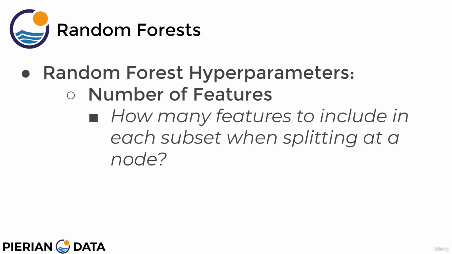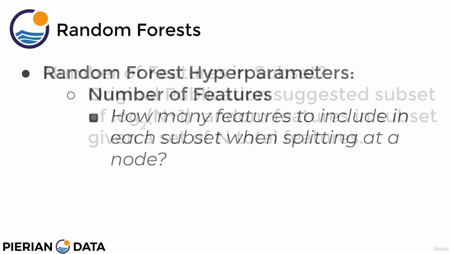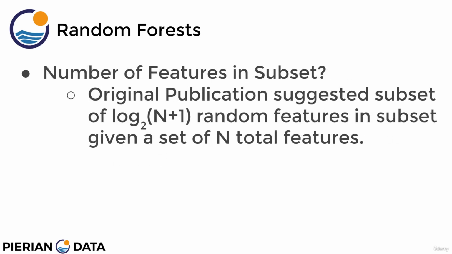So how many out of the total n should we choose? Well, in this case, we can take a look at the original publication for random forest, which suggested a subset of log base 2 of n plus 1 random features in the subset. So given a set of n total features, you would choose log base 2 of n plus 1 as the subset amount to choose from. And this is recommended from the original publication.